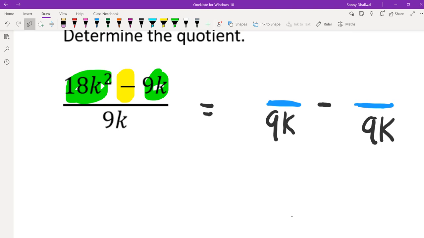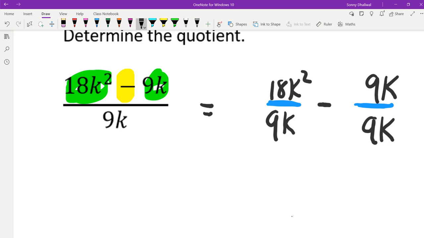And now, the first term goes here. So we have 18k squared. And the second term becomes the second fraction. Right? And now this becomes like what we did a couple of classes ago. We have one expression here that we can simplify, and another expression here we can simplify.